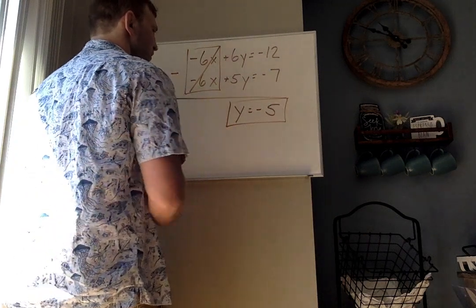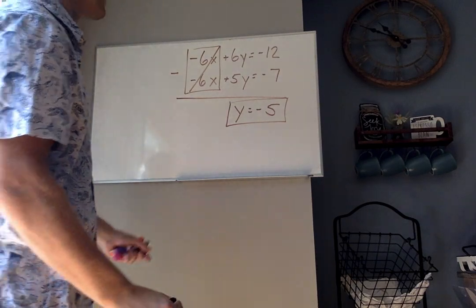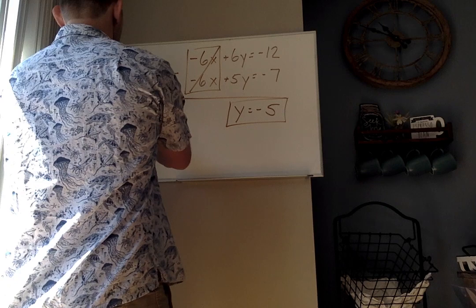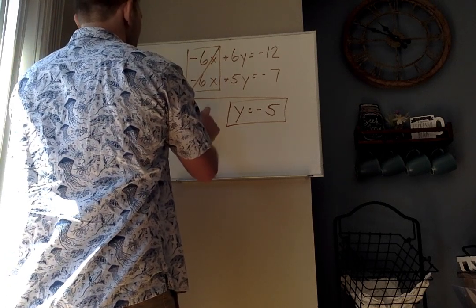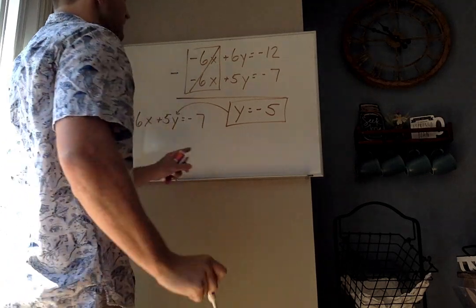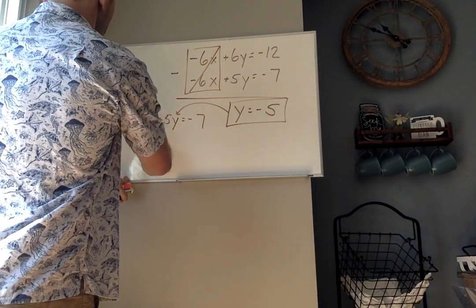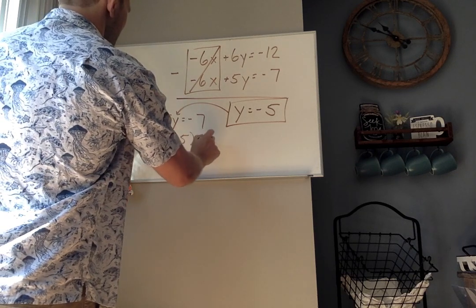There you go. Y's are solved for. Now I'm going to pick an equation. In this case, it doesn't really matter much. I pick the one that typically has the smaller number, so I'll pick the bottom one, which is negative 6x plus 5y equals negative 7. And I'm going to take that negative 5 for y and plug it in. So I have negative 6x plus 5 times negative 5 equals negative 7.